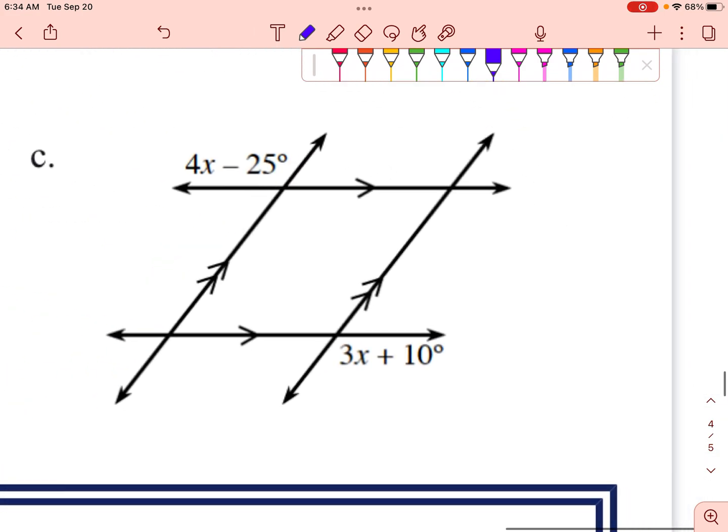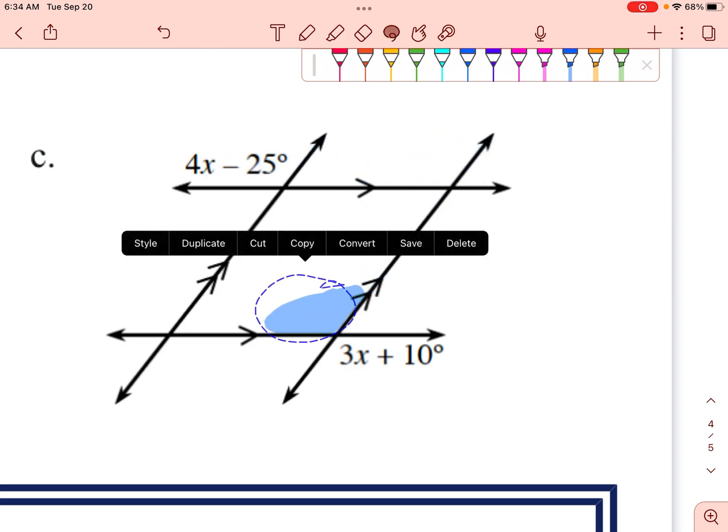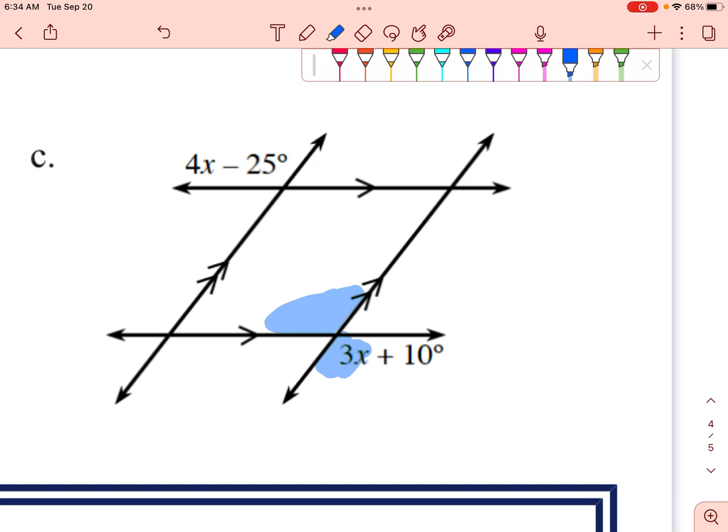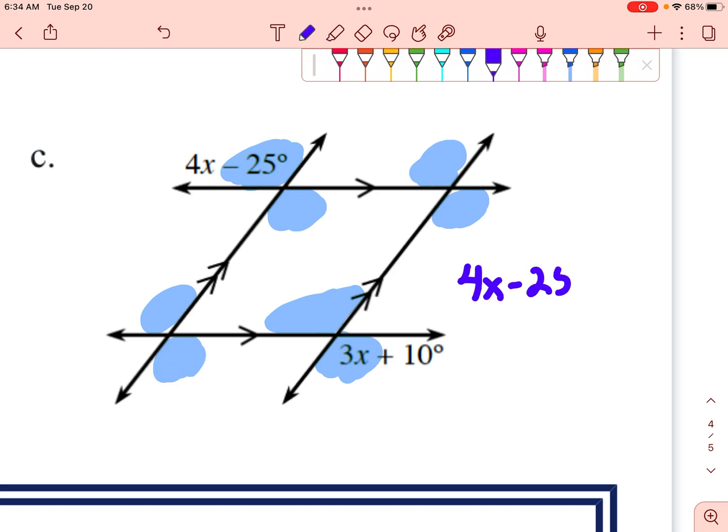And then for C right here, this is our parallelogram tiling problem. So if this is blue, and I slide it over, and I slide it here, you can see that because of vertical angles, this is blue. If you remember with the tiling, all of these angles right here, because it's a parallelogram, have equal measure. So in other words, 4x minus 25 is equal to 3x plus 10.